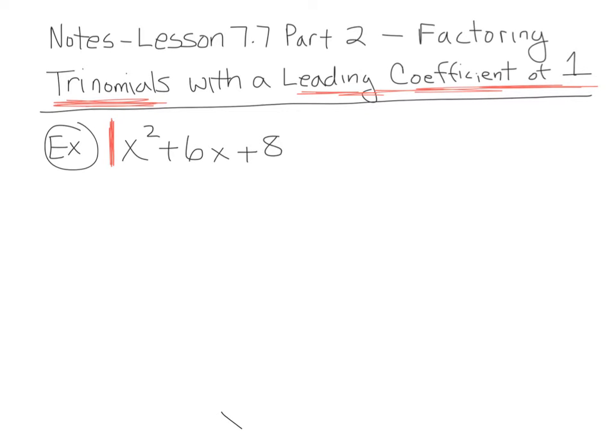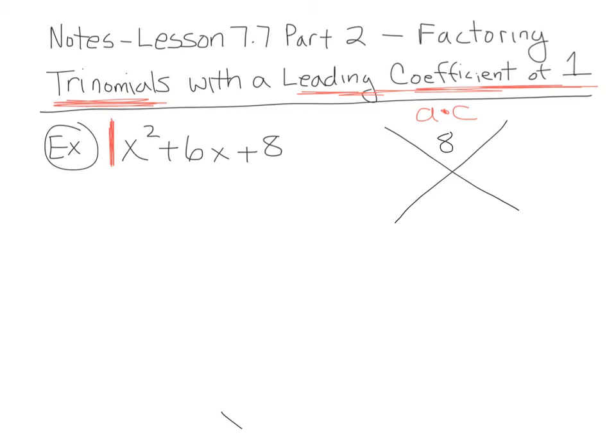Okay, so we still want to do the AC trick. We're still going to kind of use the British method a little bit. We're going to start with it, but you might want to put in an x. This might help you a little bit. Okay, so we need A times C. In this problem, A times C is 8.